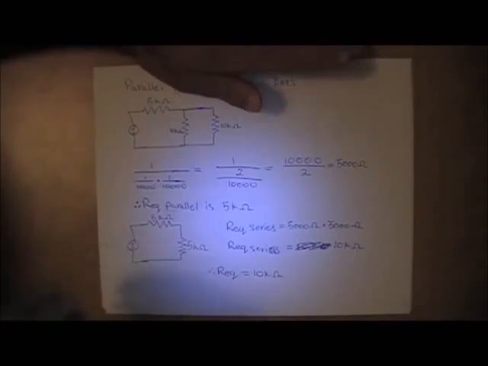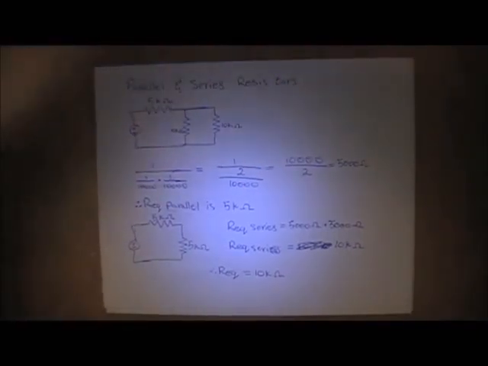And this number happens to be my overall equivalent resistance. Therefore, my Req of the entire circuit is equal to 10 kilo ohms. I hope you guys enjoyed this video and actually learned how to find the equivalent resistance in different circuits.